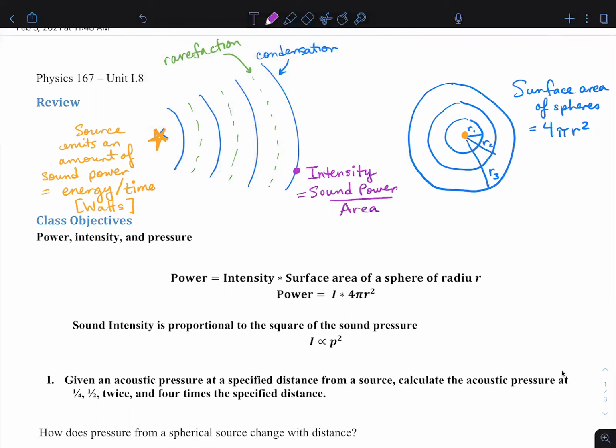The power is related to the source; the intensity is related to where you are standing or measuring. Using this equation for the area, the intensity is the power, sound power and power are the same here, divided by 4 pi r squared. That can be rearranged to give you this equation right here.